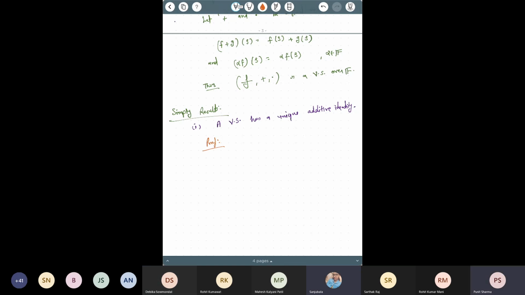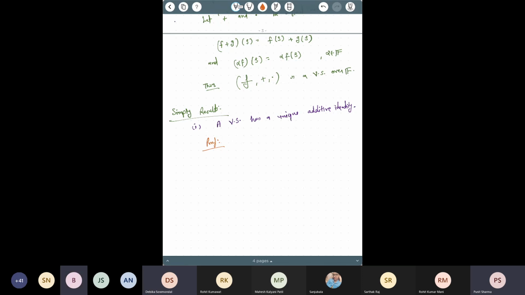Okay, how would you do that? Sir, we can also take two identities and show that both are equal. Yes, if you are doing it this way, then you have to justify. We prove that the two are equal.